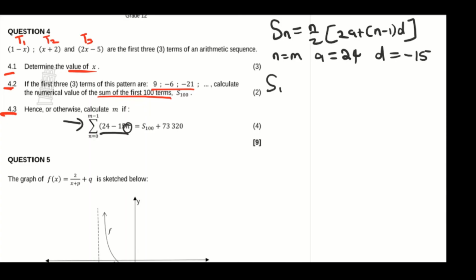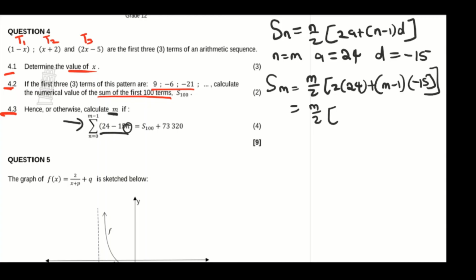So then we substitute. S of m is equal to, remember, by the way, we are looking for m. That's the question. So S of m is equal to m over 2 into 2 into our value of a, which is 24, plus m minus 1 multiplied by minus 15, right? Let's simplify here before anything. So it's going to be m over 2 into 24 times 2, which is 48, and then minus 15m plus 15, right?